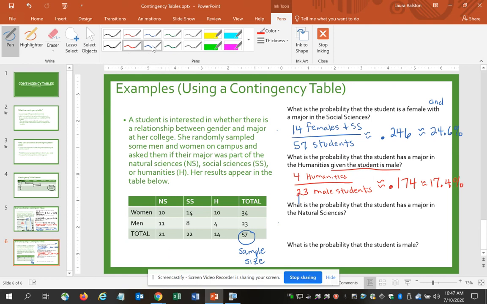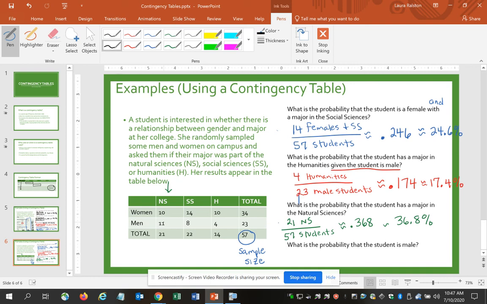So in that particular case, if I focus just on natural sciences, I would have 21 total in the natural sciences out of the 57 students that were surveyed. Okay, so you have 21 divided by 57. That's going to be approximately 0.368 or 36.8%.